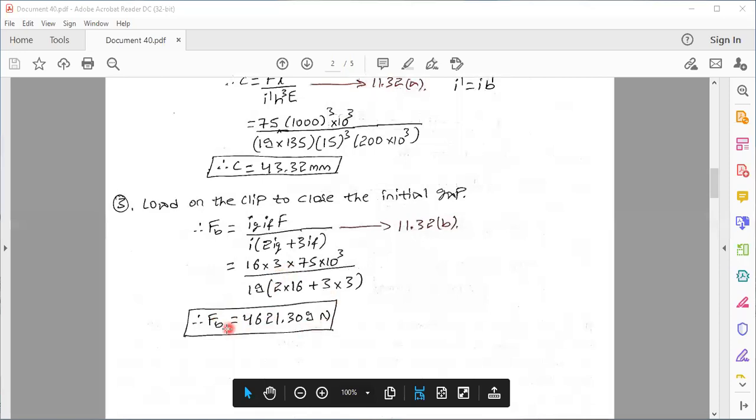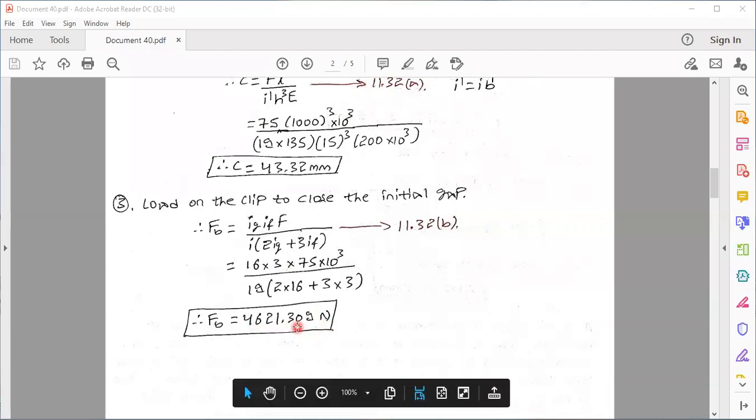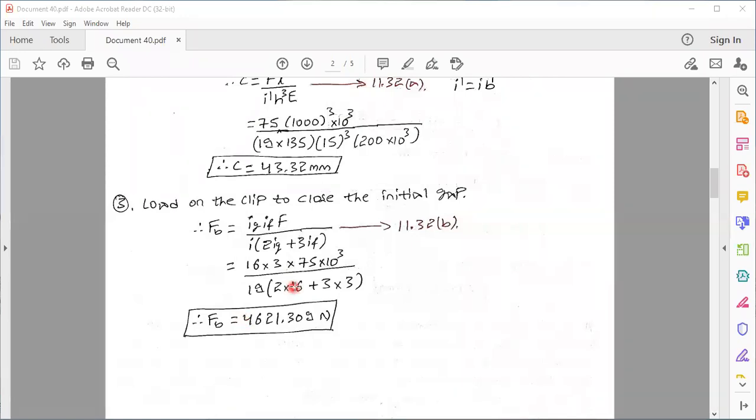After substituting that, the load which you are going to get will be 4.62 kilonewton or 4621.309 Newton. This much load is required to close the gap between the full length leaves and the graduated leaves. This is how you need to solve the problem on laminated leaves.